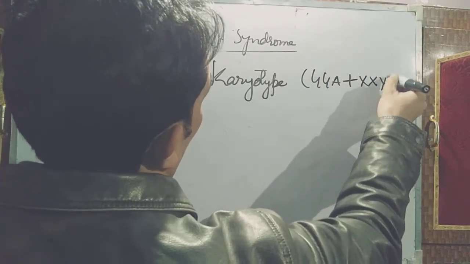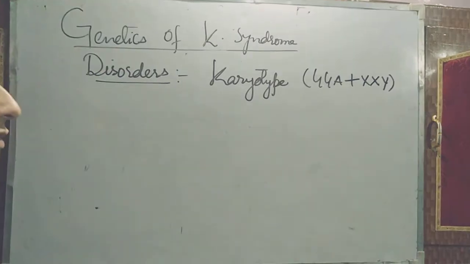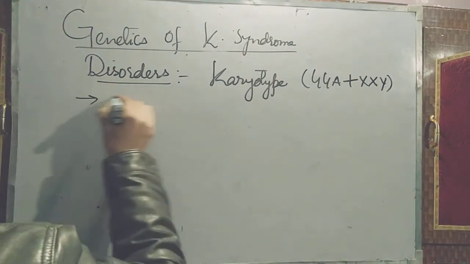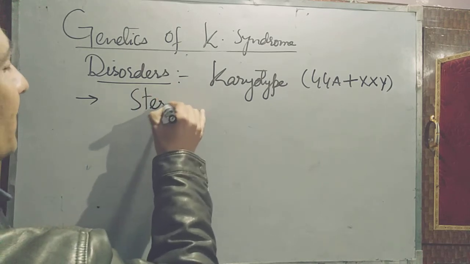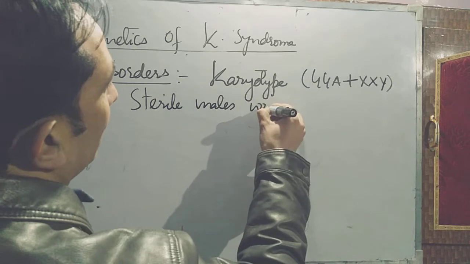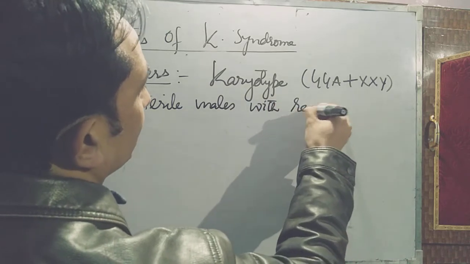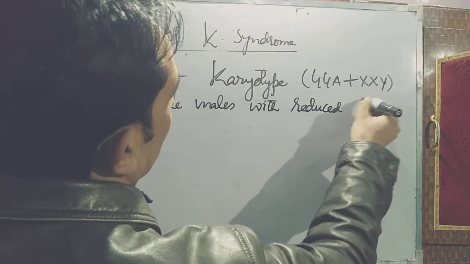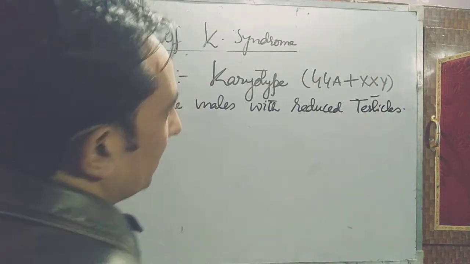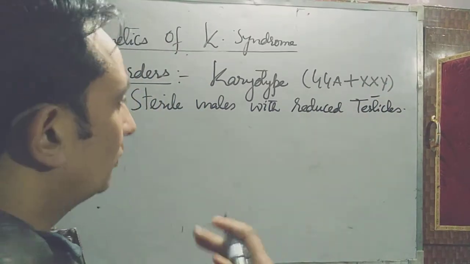So it's a sex chromosomal anomaly. It's a case of trisomy of X chromosome. Okay. Now, first thing is that they are males, but they are sterile males with reduced testicles. So they have reduced testes or testicles, so they are sterile males. They are not able to produce offspring.